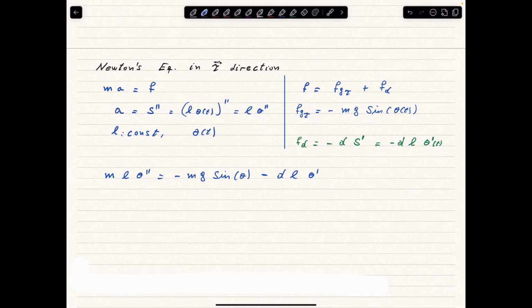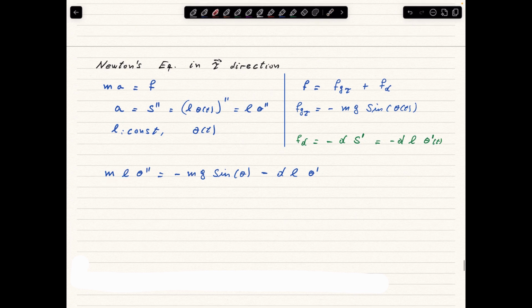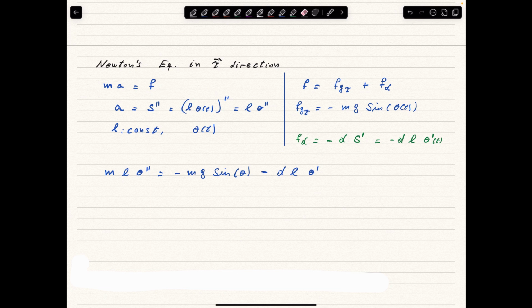So we usually divide by m and L, and we get the final expression for the equation, which is going to be theta double prime equal to, when we divide by m, this m is cancelled and we have g over L times sine of theta, minus, L is cancelled out, and we get d over m times theta prime.